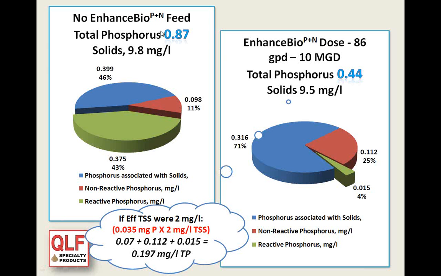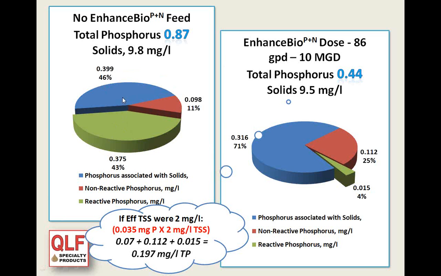Okay, here's without and with EnhanceBioPND. Notice the statistics up above: the average total phosphorus is 0.87 and 0.44 here. In both cases, the flow is about 10 mgd. Here the dose was 86 gallons per day. Solids was pretty close. Now you look at the different components of phosphorus in the effluent.